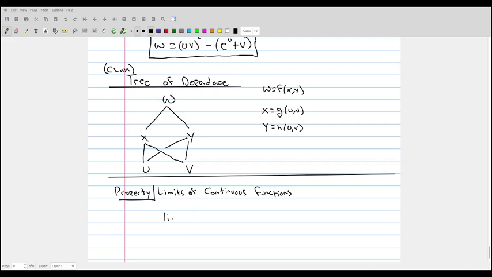If you take the limit of a composition like this, as u v goes to u naught v naught, this is the composition f of g of u v, h of u v.